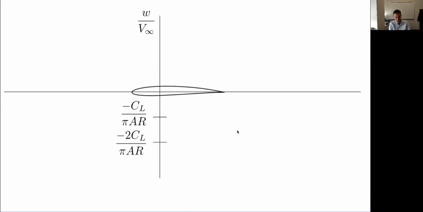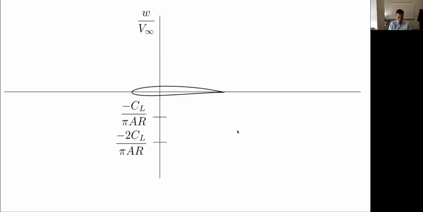But what about a more general case? We've generated this formula based on lifting line theory. Does this only work for a planar, flat, no sweep, very simple wing, or is it a bit more general? Well, let's see. We calculated this for the trailing vortex, and we saw that at least for the elliptic case, the downwash angle was proportional to CL over pi aspect ratio.